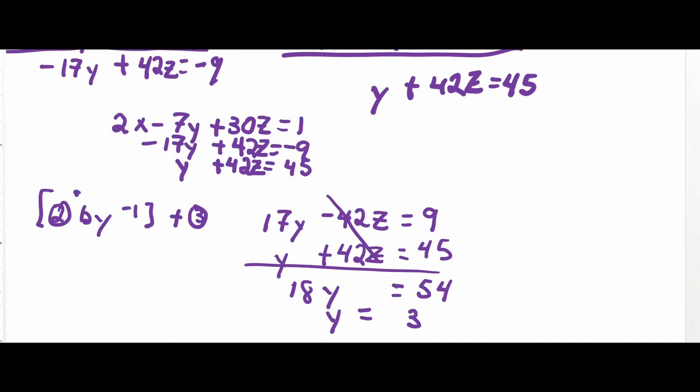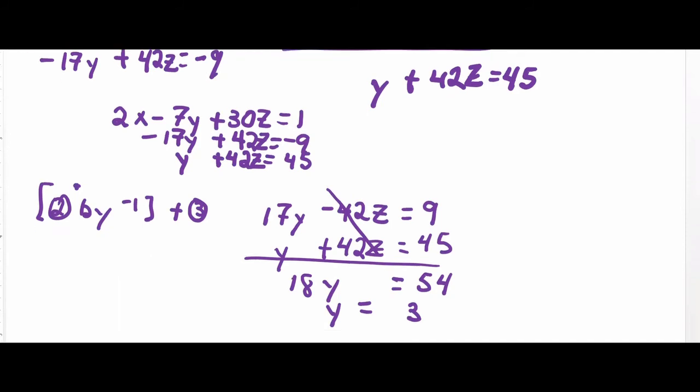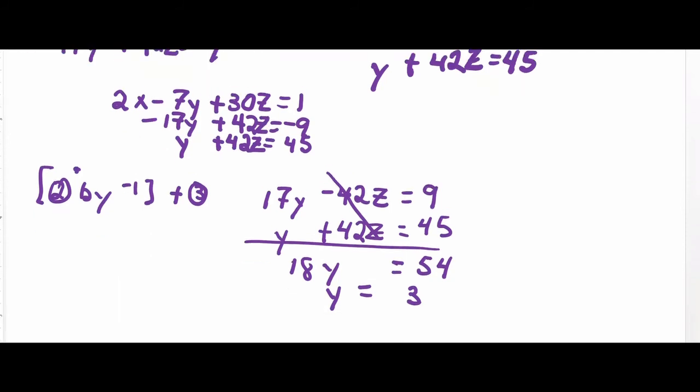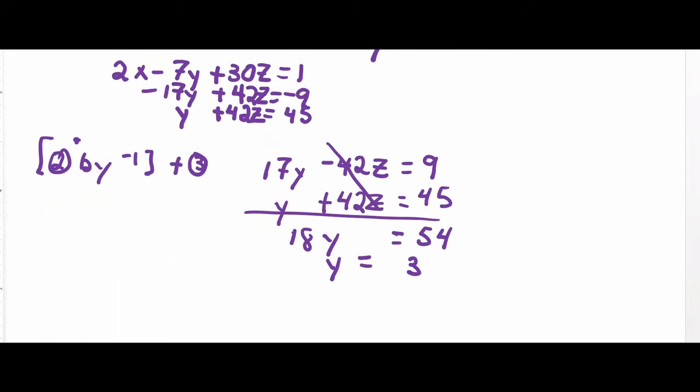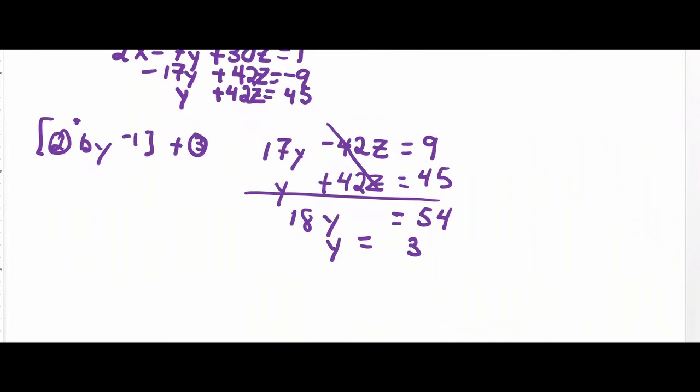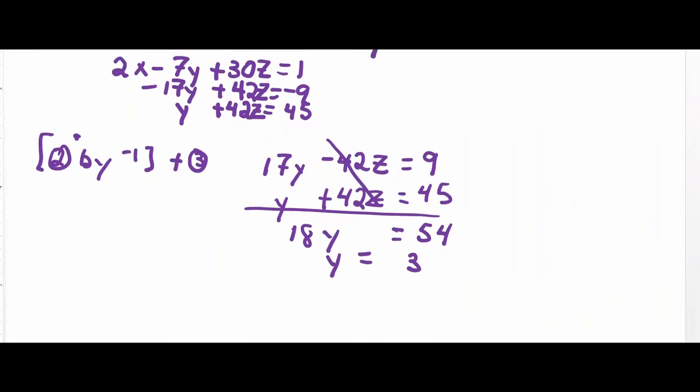So we could copy down equation 1 and equation 2 and write a new 3 by 3 linear system that is equivalent to the first and the second systems.